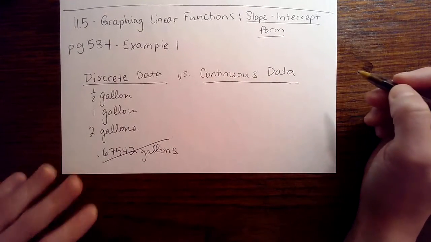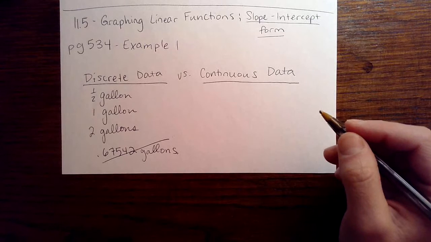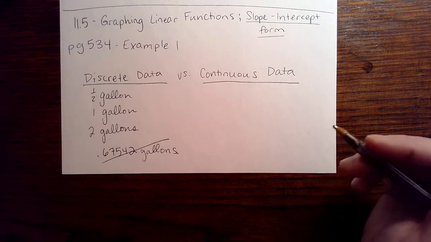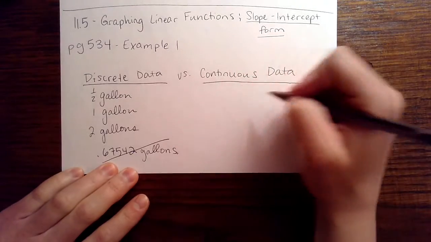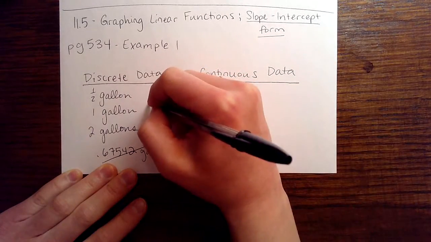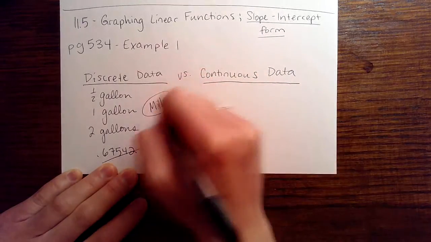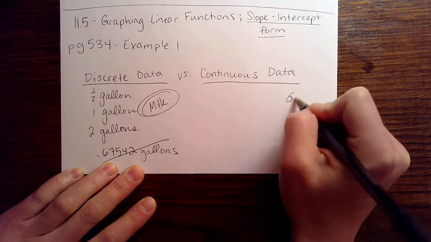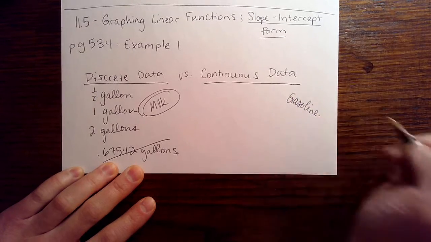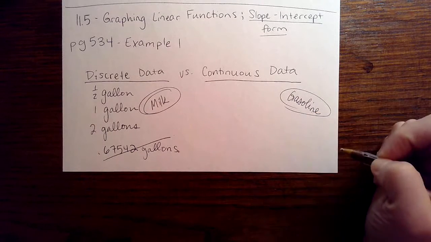Continuous data is something where the numbers between any two data values have meaning, in other words, you can get any fraction. So that was like buying milk from the store. This would be like buying gasoline. Let's say you're filling up the tank on your car at the gas station.